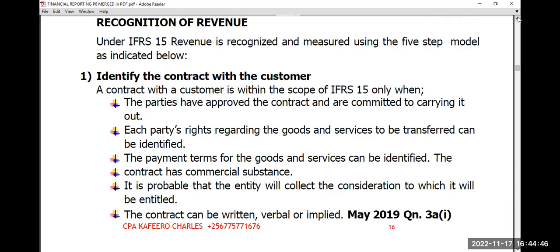One, we are saying that the parties have approved the contract and they are committed to carrying it out.